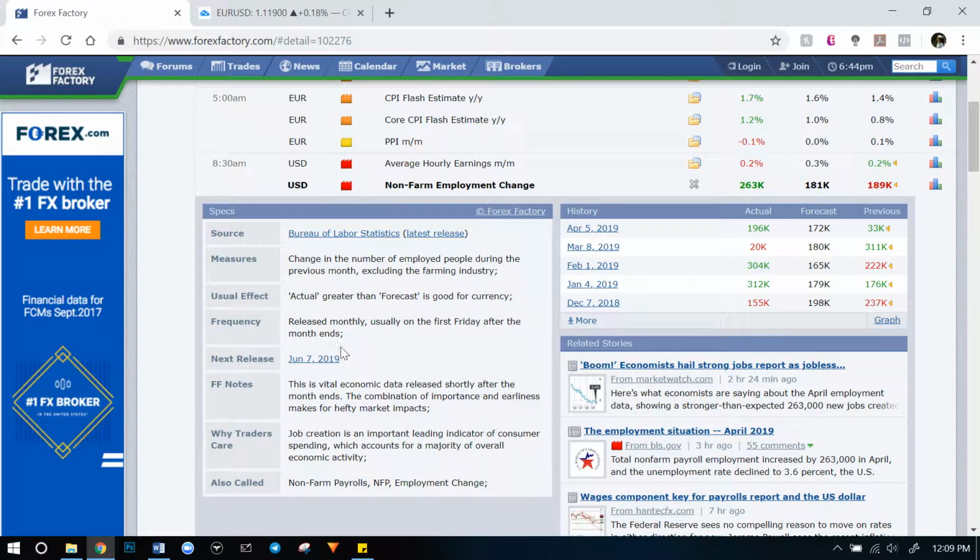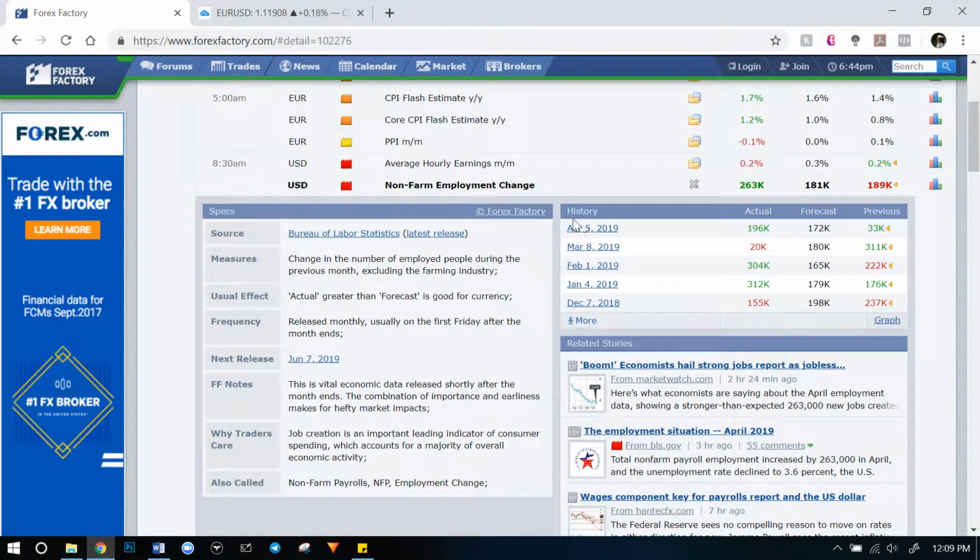Why traders care? Job creation is an important leading indicator of consumer spending. So more jobs created, people will spend more. When people spend more, the overall economy grows, and that's good for the U.S. economy in this case.